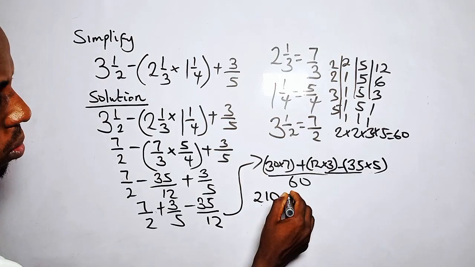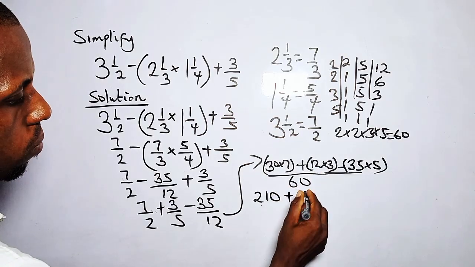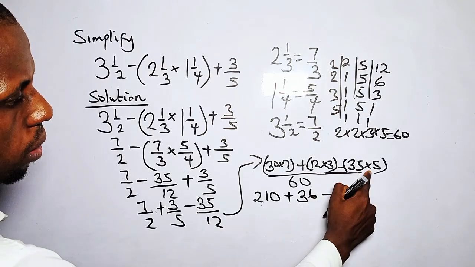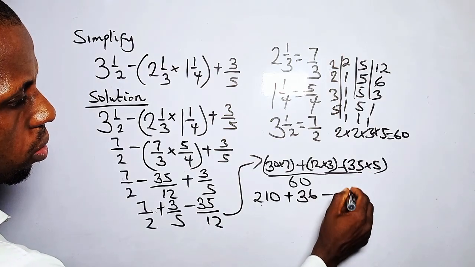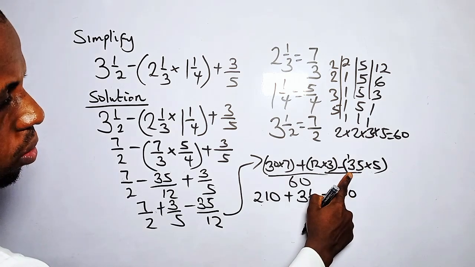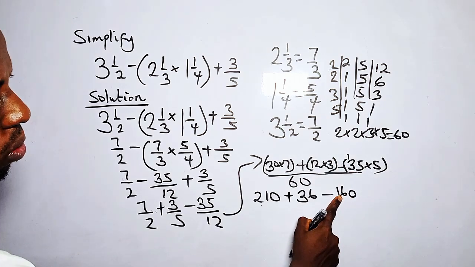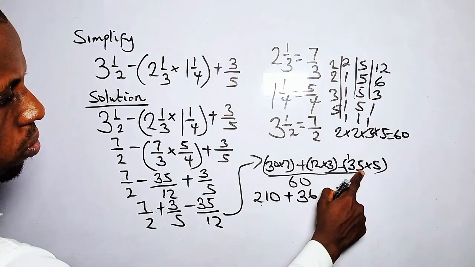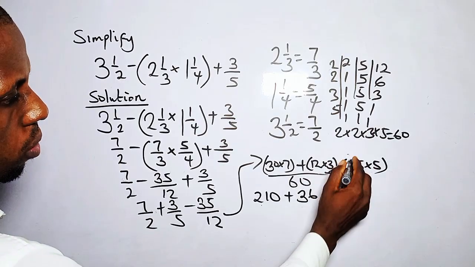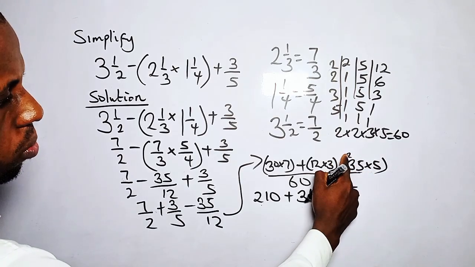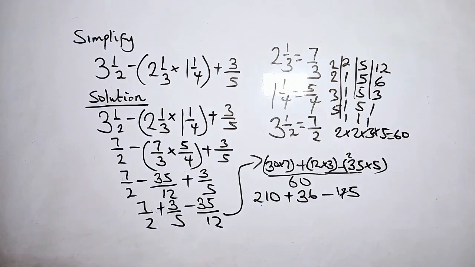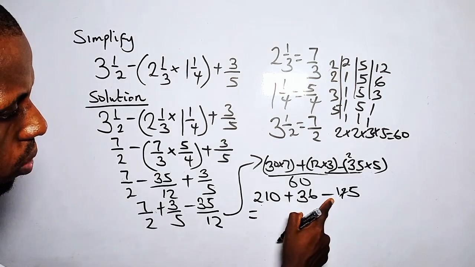Plus 12 times 3, we have 36. Minus 5 times 35, which is 175. So we have addition and subtraction.